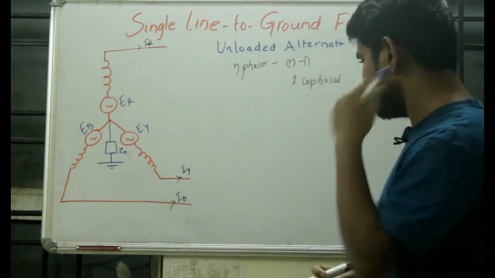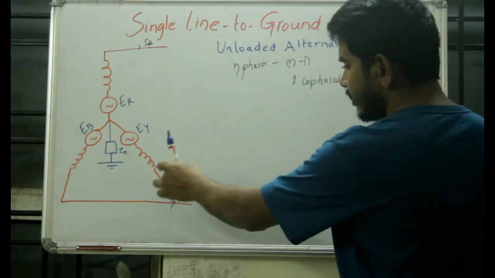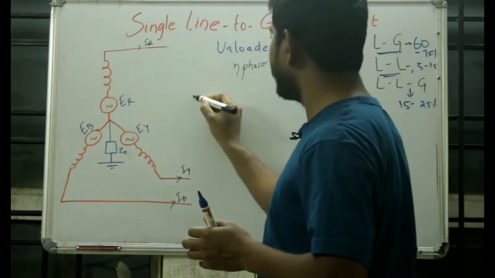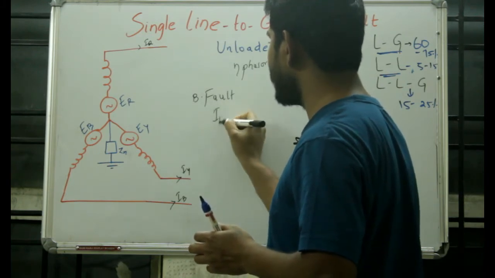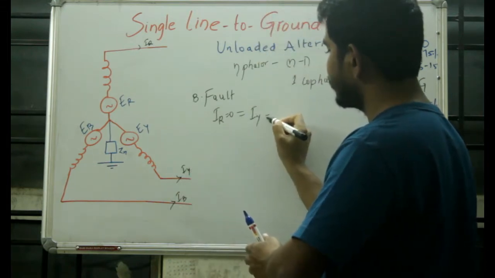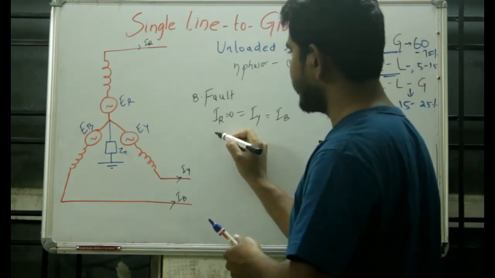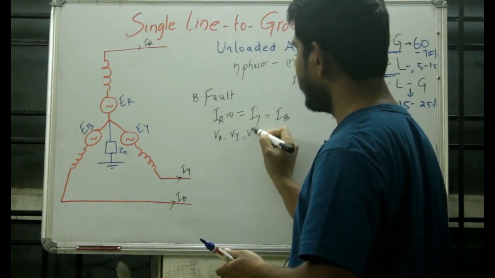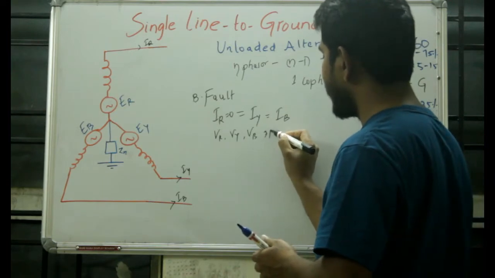As the alternator is unloaded, before fault IR is equal to 0, IY is equal to 0 and IB is equal to 0. The terminal voltages VR, VY and VB remain balanced before fault.